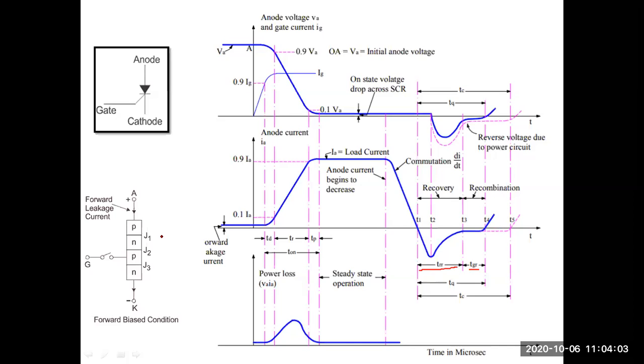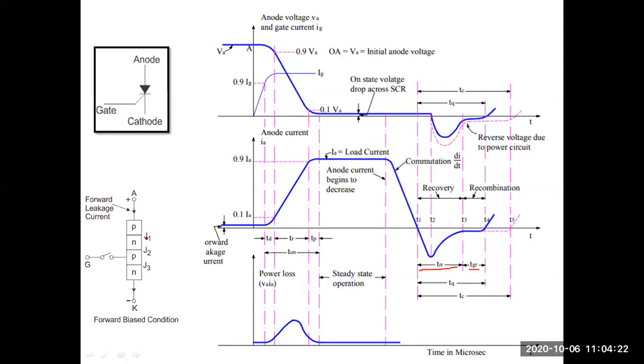It has to come back to its normal state. In the reverse blocking state, J1 and J3 are reverse biased and J2 is forward biased, so this layer has to be thinner.